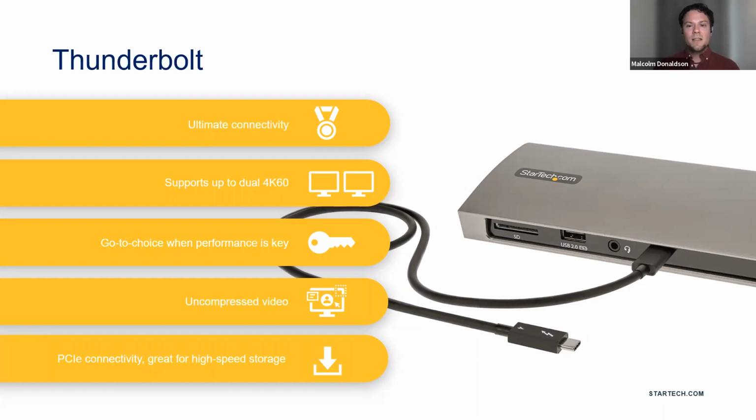And so that is a significant consideration, especially if it's paired with a high-end workstation. You're able to take advantage of that uncompressed video. It's great for content creation, video editing, other applications, engineering, CAD design, that type of thing. So that combination really means it's a great go-to choice when performance is key.